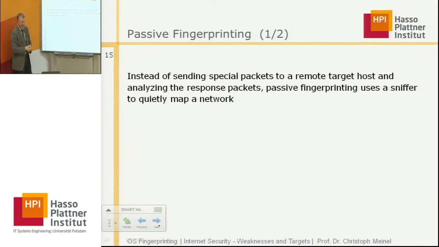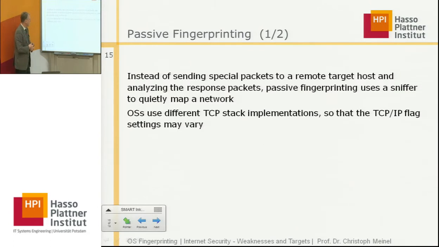So here, instead of sending a special packet to the remote target host and then analyzing the responding packet, in passive fingerprinting the user sniffs everything that's happening in the network. How can this help to get information about the operating system that's used at the remote system?